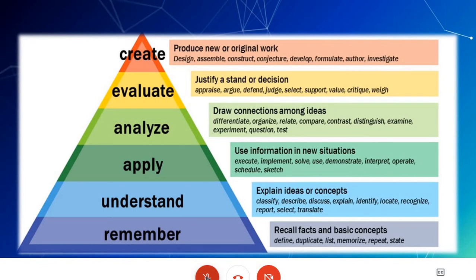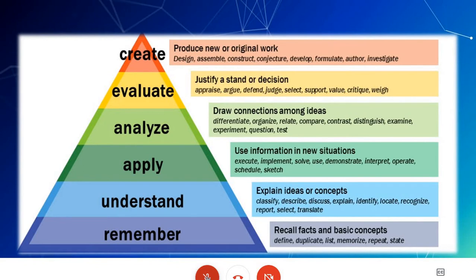So those are the verbs or the actions that you ask your students to do if you want them to excel in the analyzing or the analysis stage. The next step is to evaluate. So in this case, they need to argue or they need to defend a certain issue or judge something or support a certain opinion.